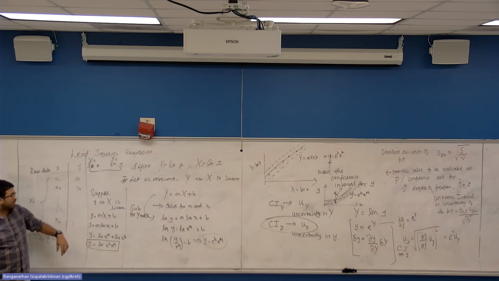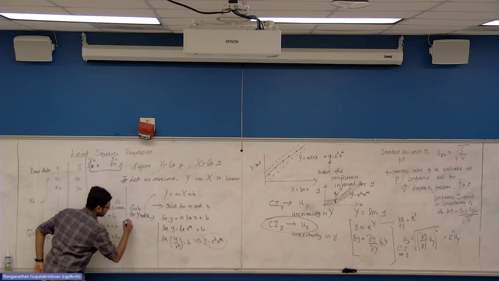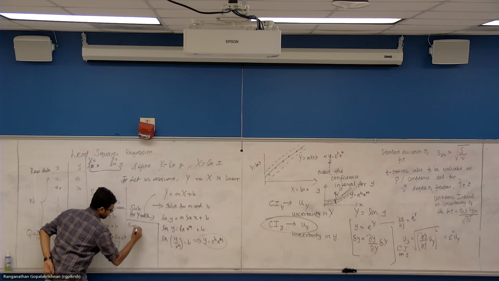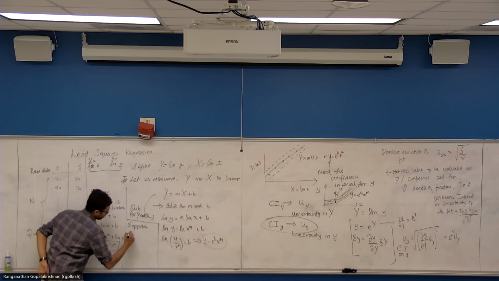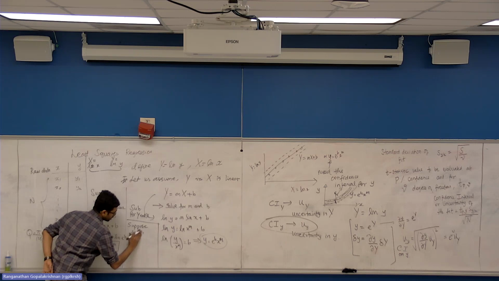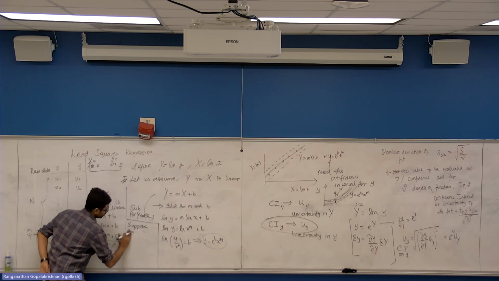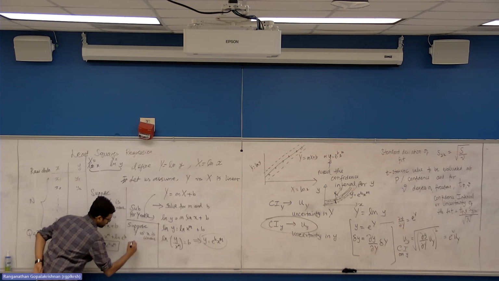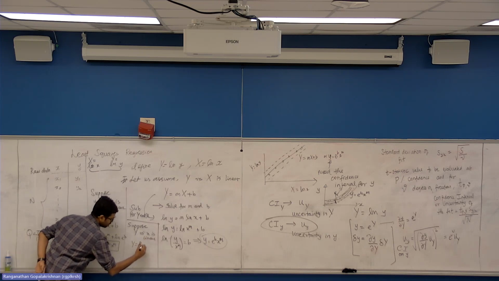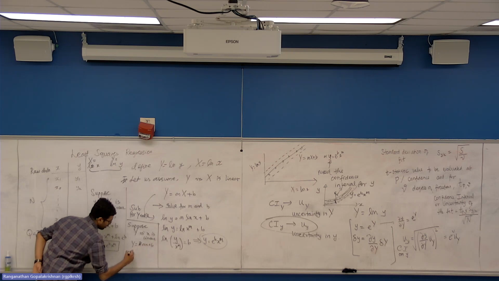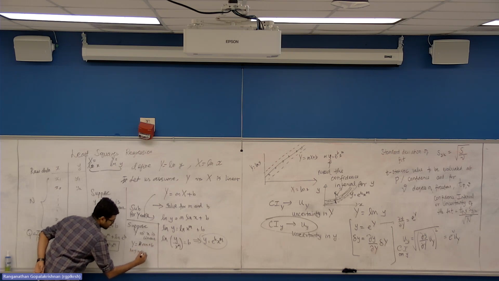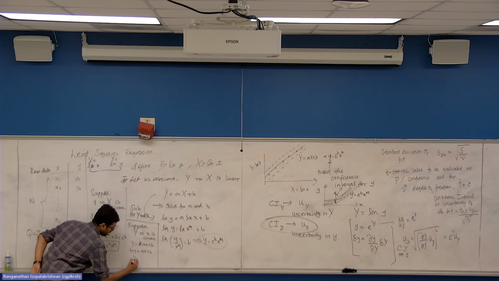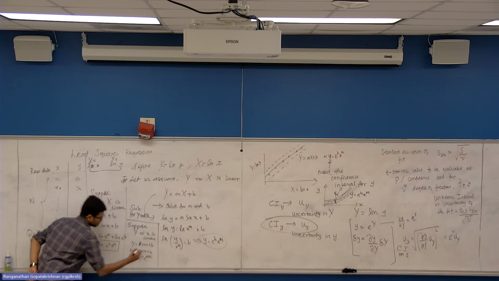You can also think of the other combination where, suppose, ln y, or sorry, suppose uppercase Y versus x is linear. So you'll have y equal to mx plus b, or ln y equal to mx plus b, or y equal to e to the power b times e to the power mx.